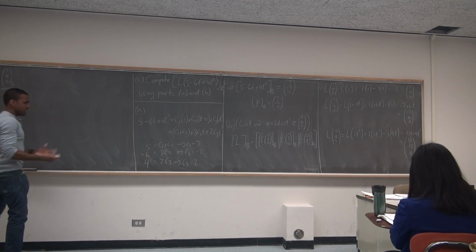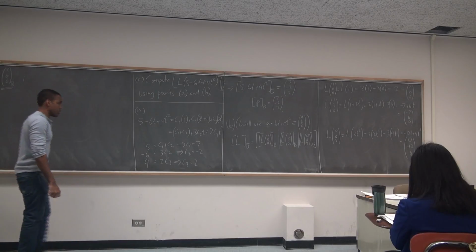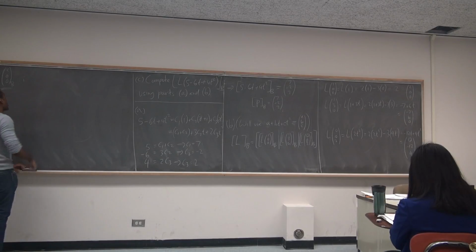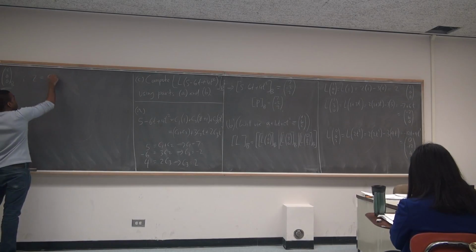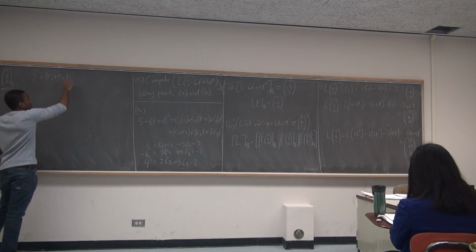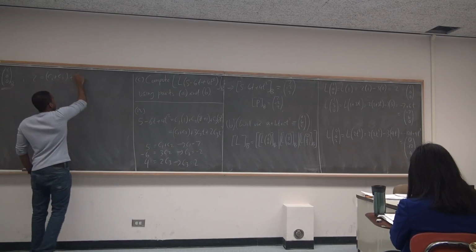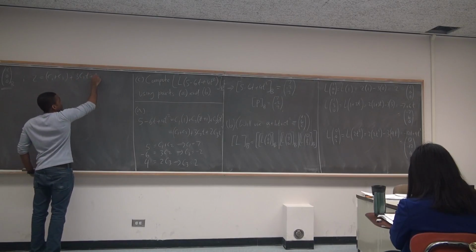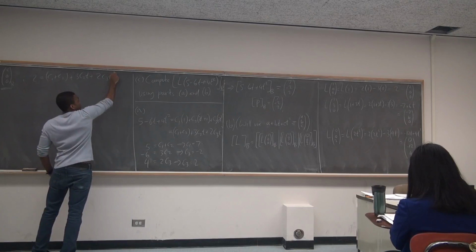I'll also show you guys how to set up in a big matrix if you prefer that method, but I think these are easy enough to work out here. So this is just constant 2. I want that to be equal to C1 plus C2 plus 3C2t plus 2C3t squared.